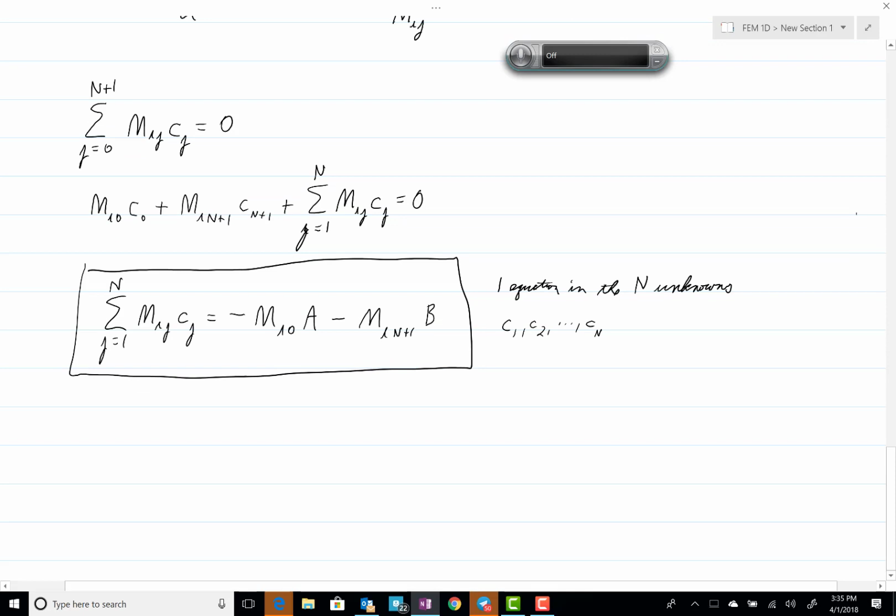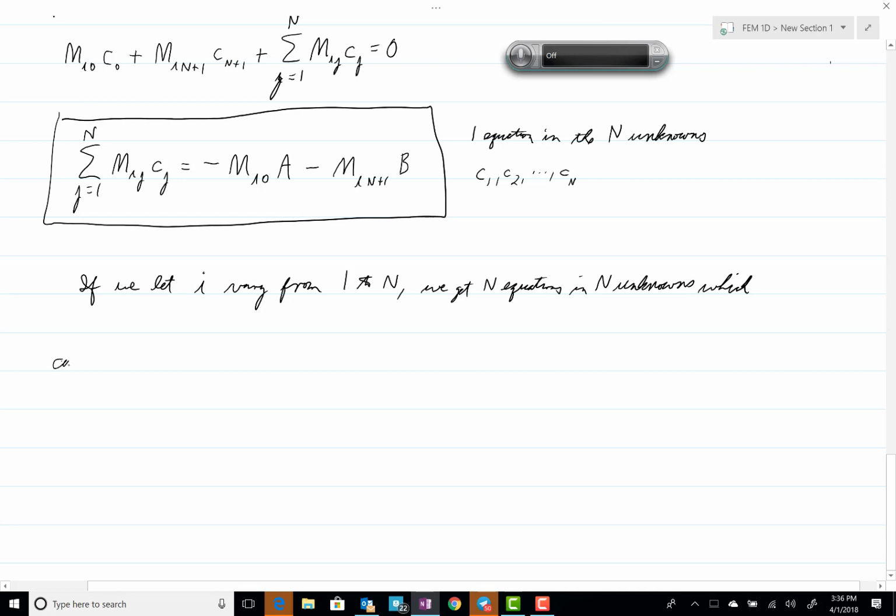And now if we let i vary from 1 to n, we get n equations in n unknowns, which can be written in matrix form and solved.